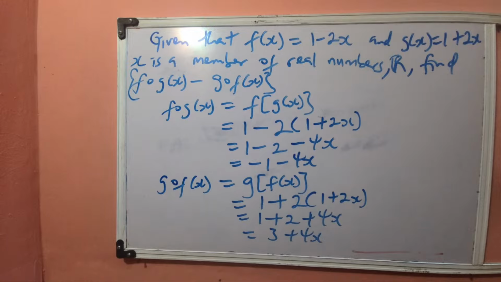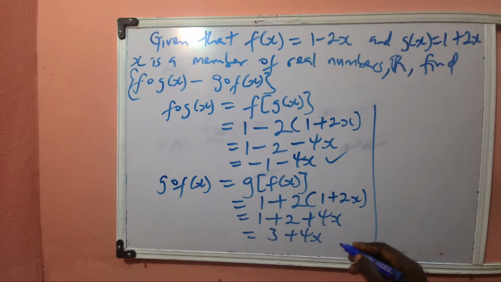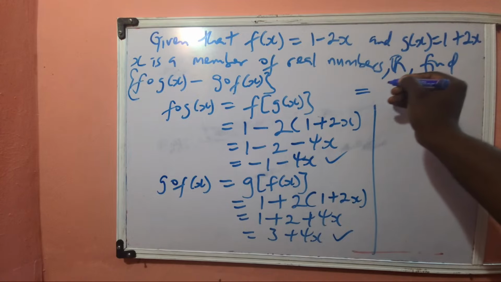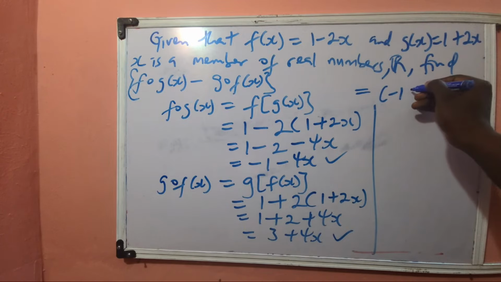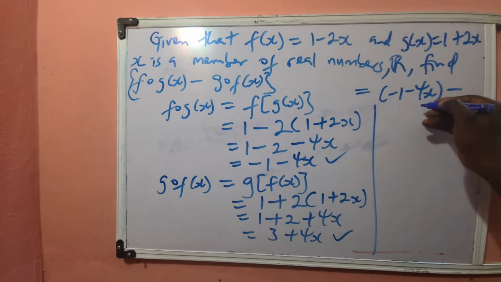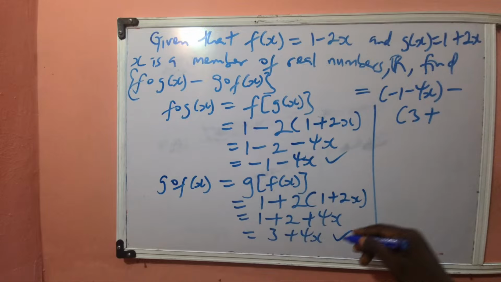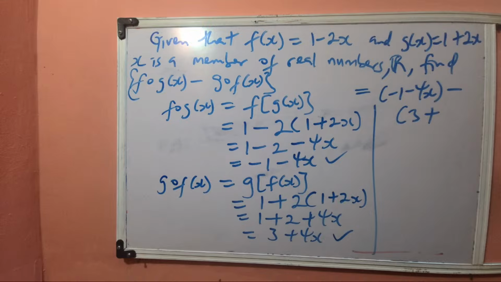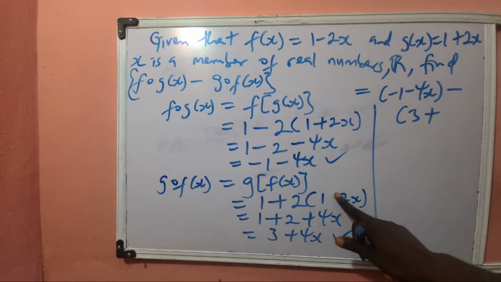Now, the real question was that we're supposed to find this minus this. So that will mean, obviously, we're going to be solving minus 1 minus 4x minus 3 plus... looks like our f of x is actually 1 minus.